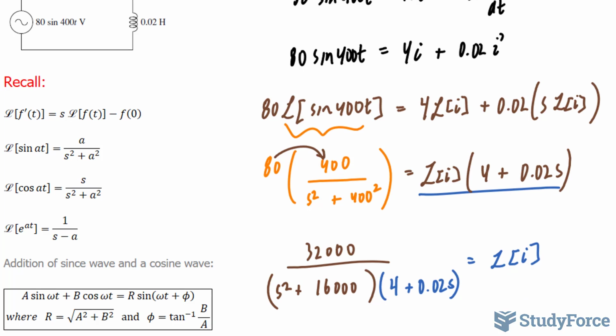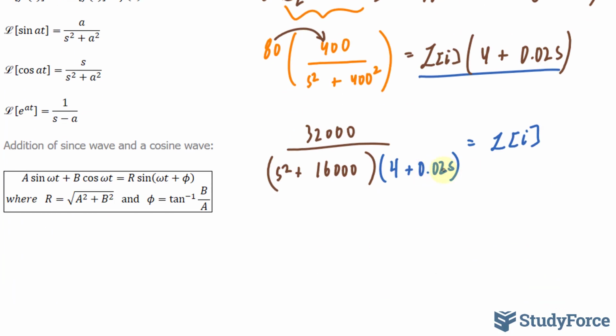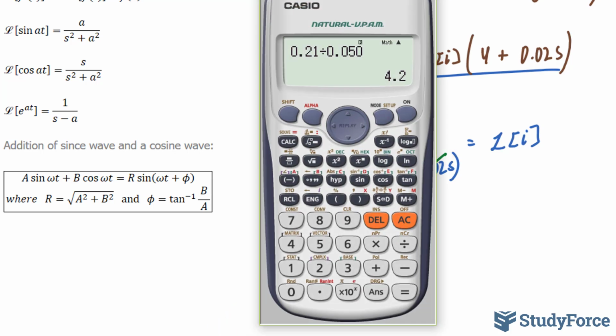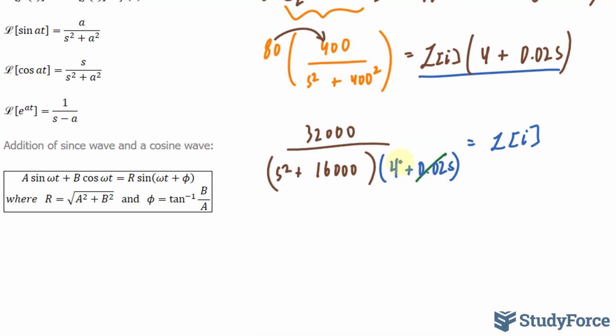Now interestingly, if I factor out 0.02 from this binomial, what will happen is this will go away, and 4 divided by 0.02 gives us 200. So this becomes 200. And having factored it out, it actually becomes a factor in the denominator.